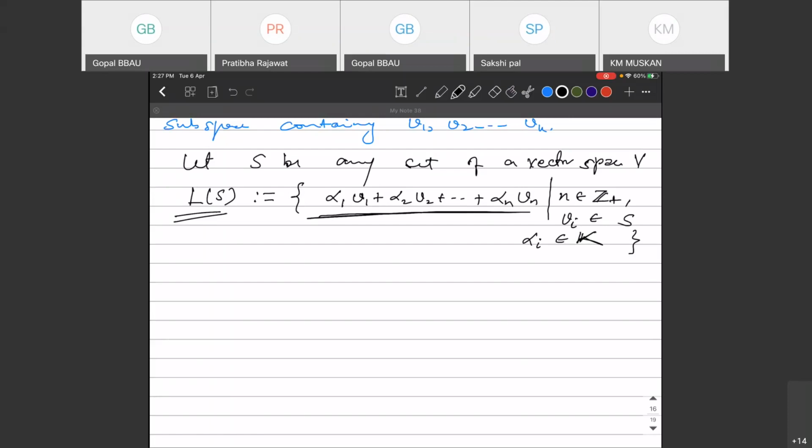You have learned about infinite series, and sometimes an infinite series is a very weird kind of thing. It never converges to any point. So for an infinite sum, you do not know whether that would be a vector in V or not. Therefore, we do not consider infinite sums. We only focus on finite sums.